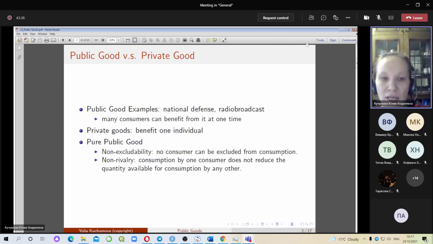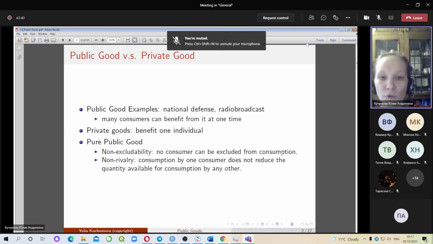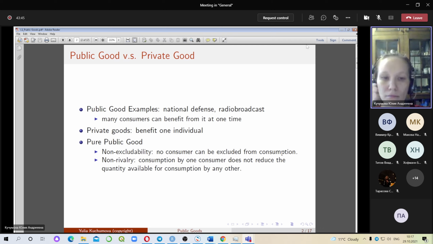And this is as opposed to private goods, where only one individual can benefit from a private good. If you think about an apple, you have this apple, you eat this apple, nobody else can eat this apple.